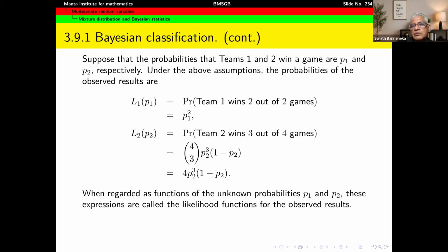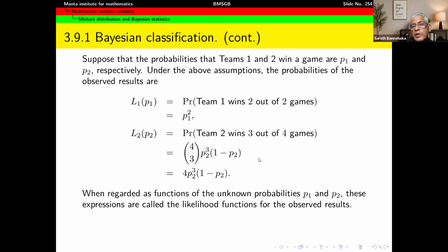Regardless of whether you use the derivative method or the graphical method, the estimates in this example will not be very reliable because these likelihoods are based on only a few observations. The first one is based on only two observations, the second on only four. It is obvious that estimates obtained from a small number of observations are not that reliable.